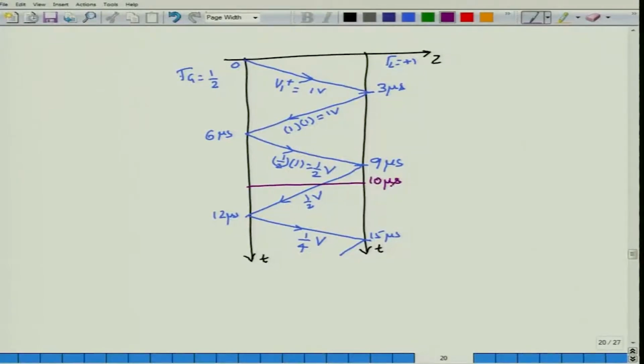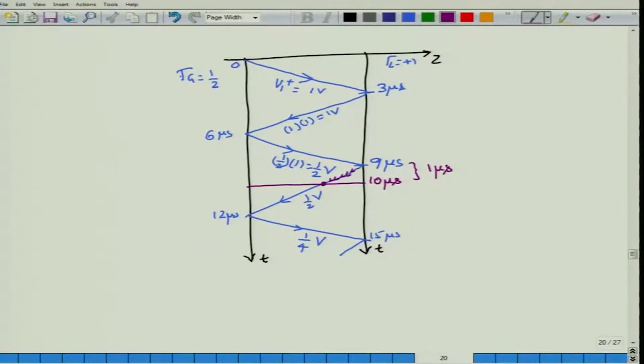Now if you look at the transmission line, to find the entire distribution, at 9 microseconds the voltage would be reflected. The reflected voltage of half volt has begun to propagate, and it has reached this particular point. So the total time elapsed here is 1 microsecond after 9 microseconds.